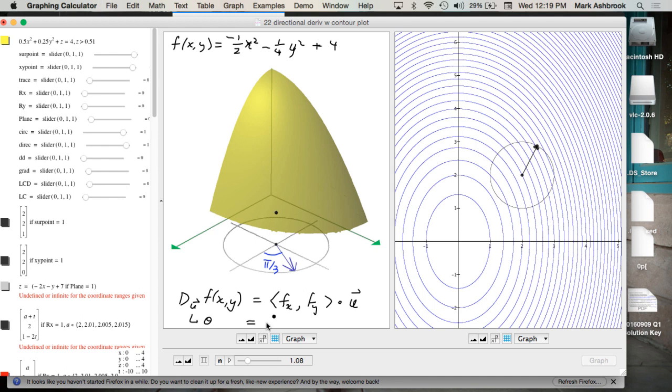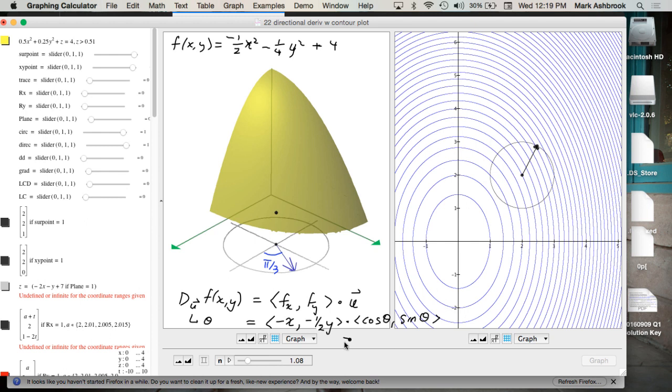Would it be negative x, comma negative 1/2 y, dot product of cosine theta, sine theta? Did you get it? Yeah, just a little error. 99 out of 100, Trevor. Is that better? Yeah, you're right.